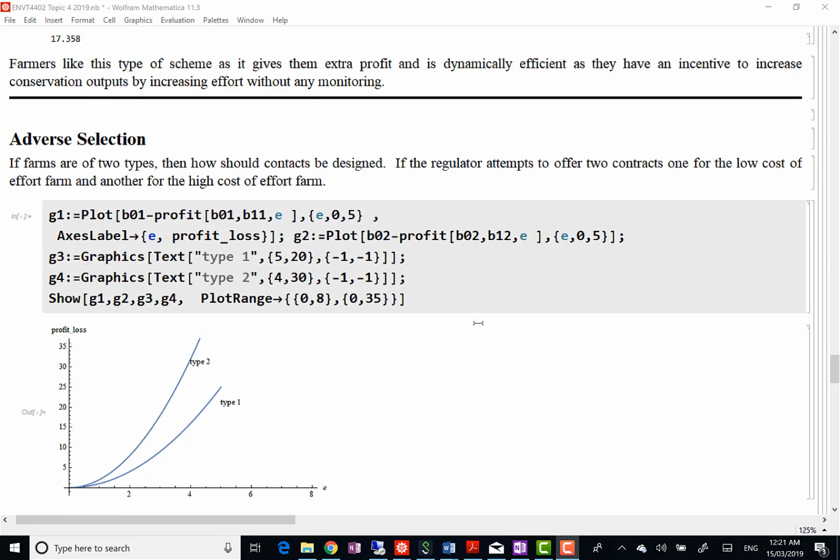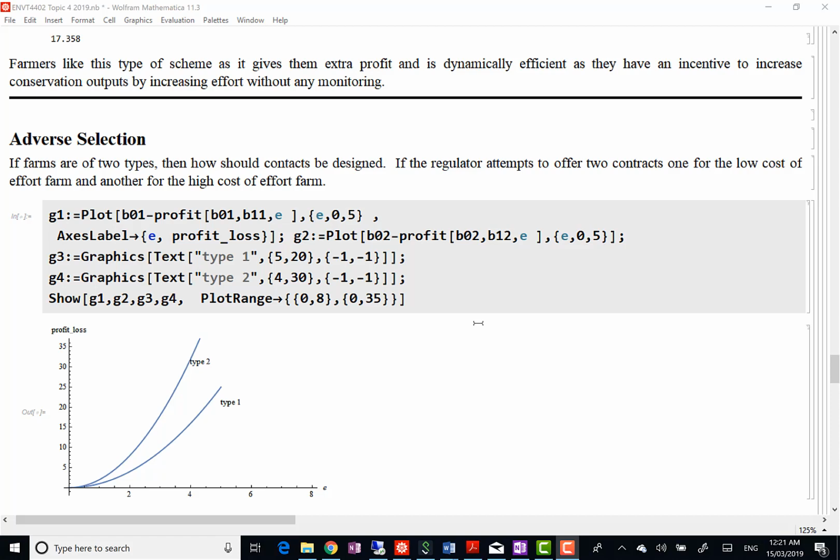And the regulator would really like to offer these farmers separate contracts, but as we will see, there's an incentive for the type 1 farmer to actually choose the contract that would ideally be offered to the type 2 farmer.